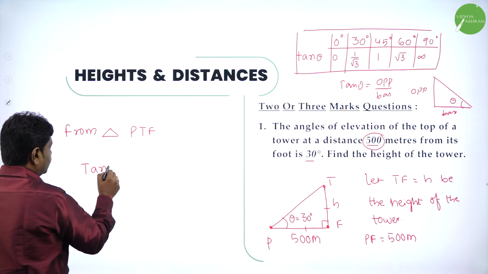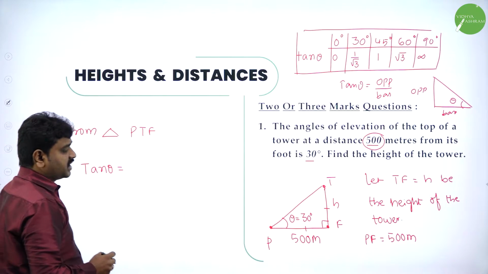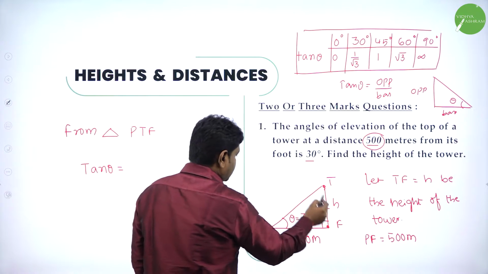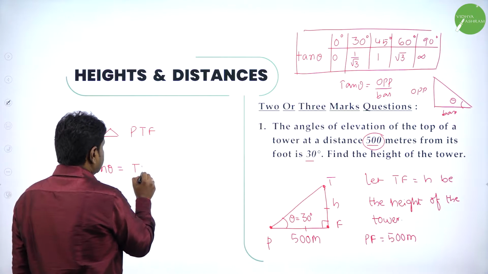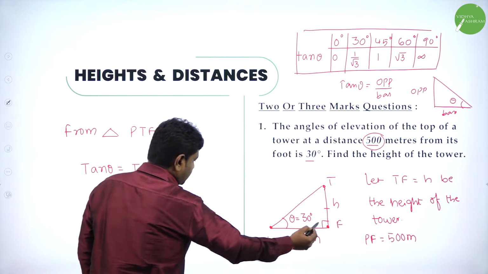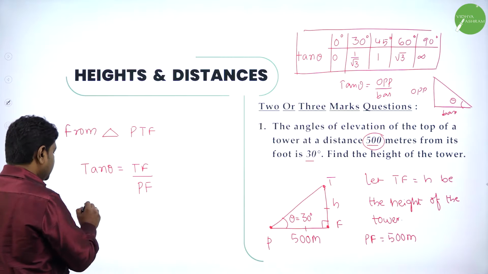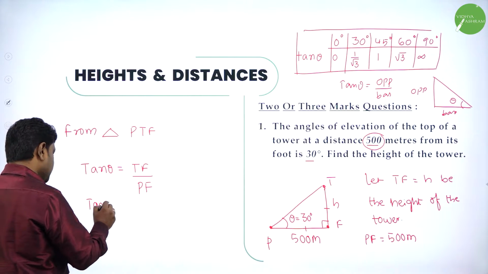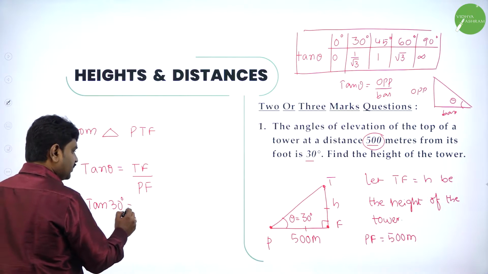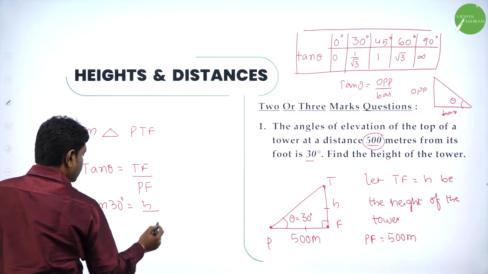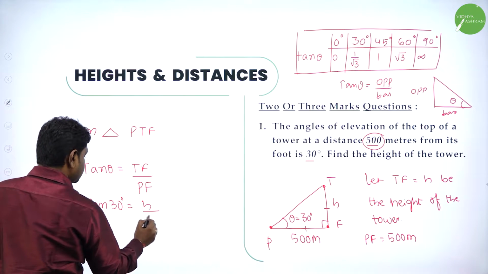What is tan theta? Tan theta is opposite side by adjacent. For theta, opposite side is TF. Adjacent or base, one and the same, that is PF. And theta value is exactly 30 degrees. So tan 30 degrees, and TF is h and PF is 500 meters.